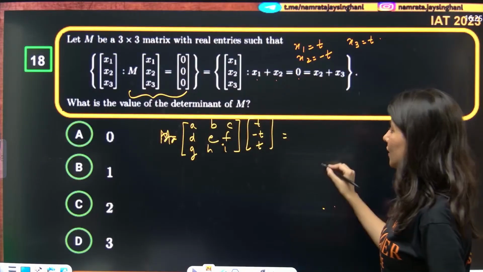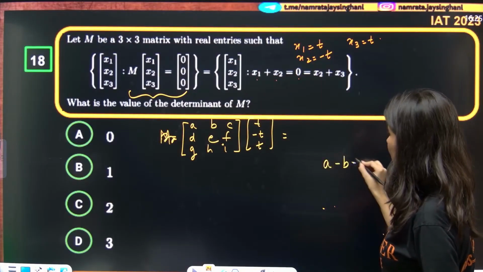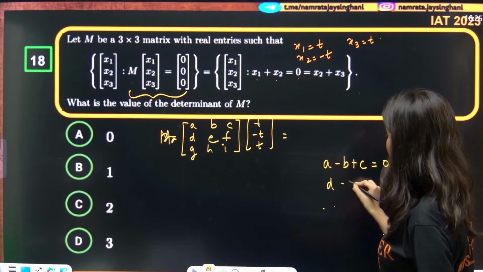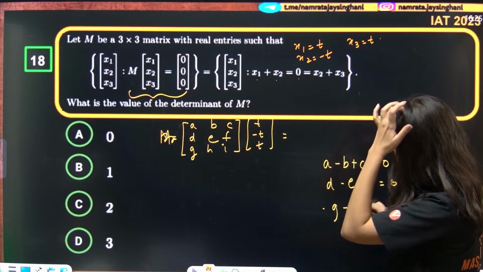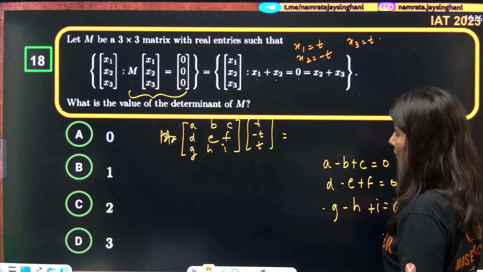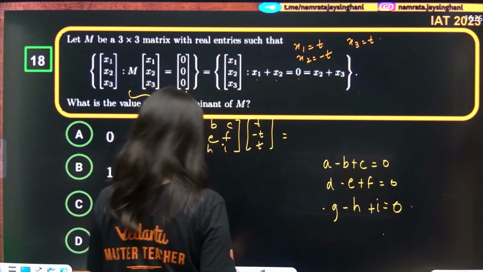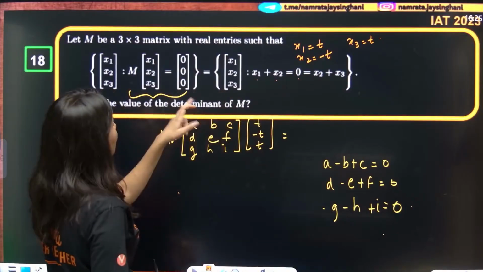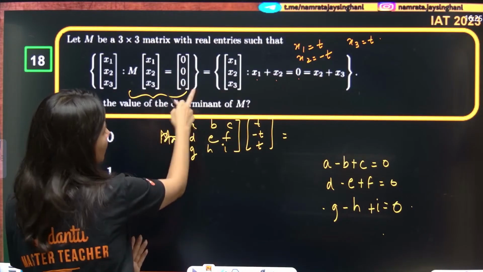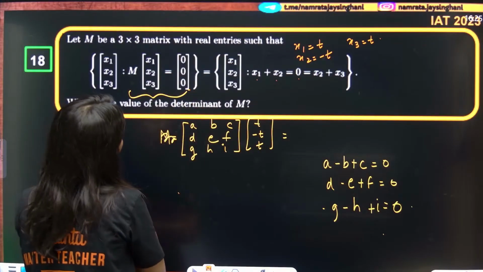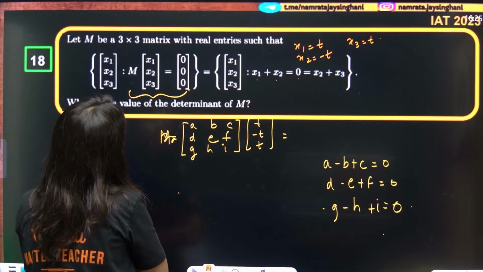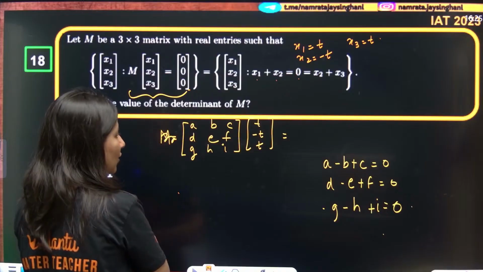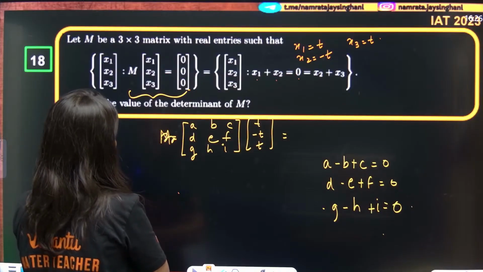ABC into this. So A minus B plus C is equal to 0. D minus E plus F is equal to 0, G minus H plus I is equal to 0, because T is non-zero, no? Then, same, if you multiply, 0, 0, 0 is equal to, what is the value of the determinant of M?